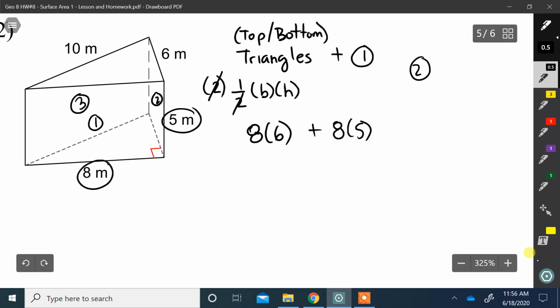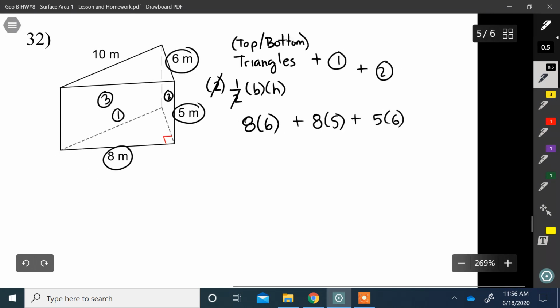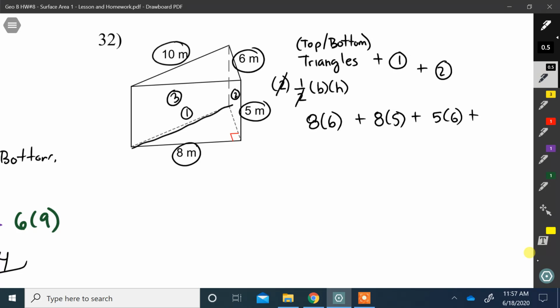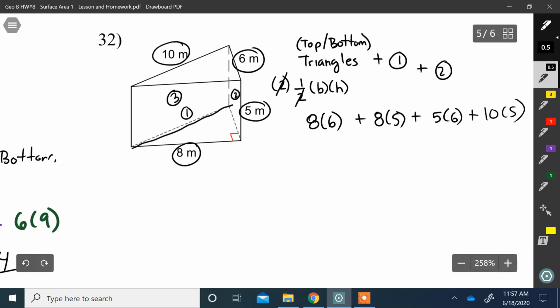The second one is going to be 5 times 6. And the third one is going to be 10 times 5. You all multiply by 5 because they're all the same there.